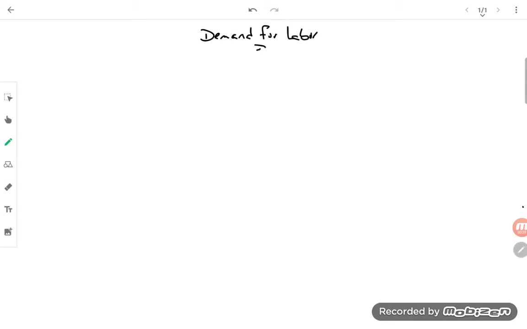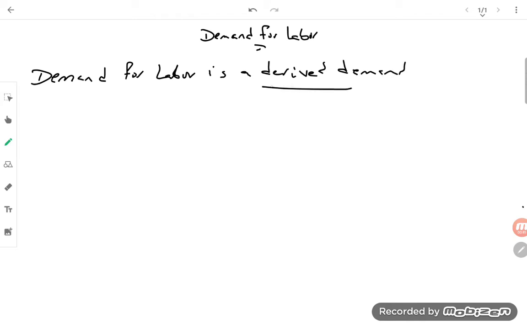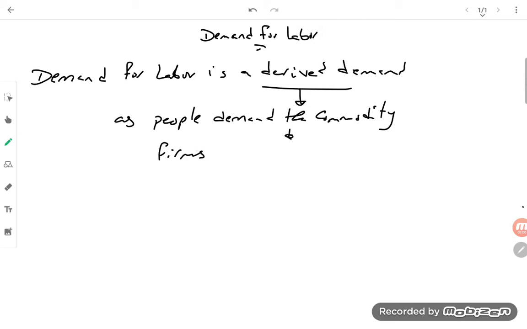Actually, demand for labor is a demand derived from the demand for the commodity itself. As people demand the commodity, as a result, firms would like to increase production.